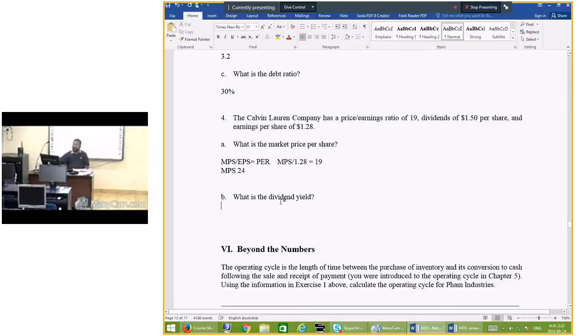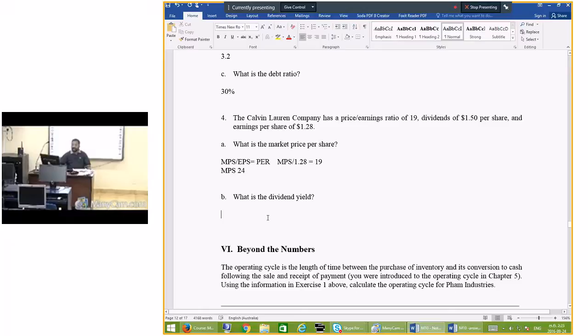Exactly, we know how to calculate PER. PER calculation is MPS, market price per share, divided by EPS. We know the PER, we know the EPS, therefore the price per share is 24.